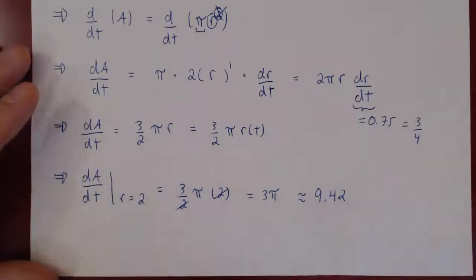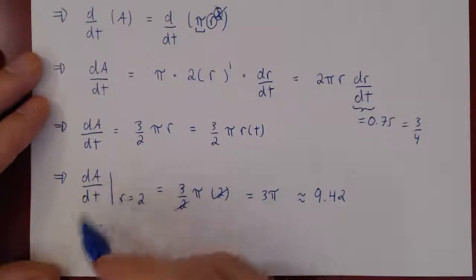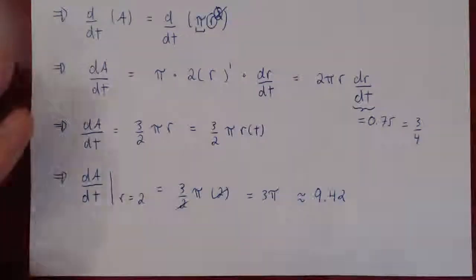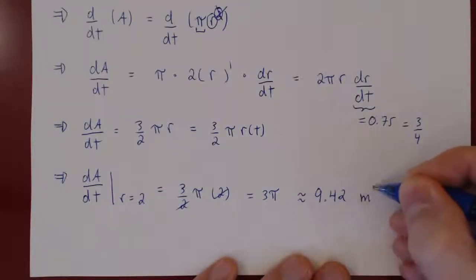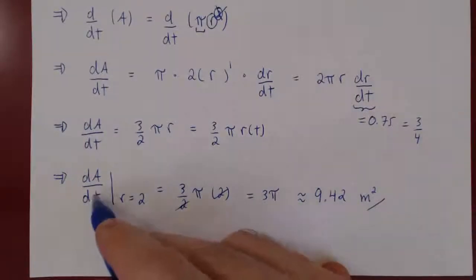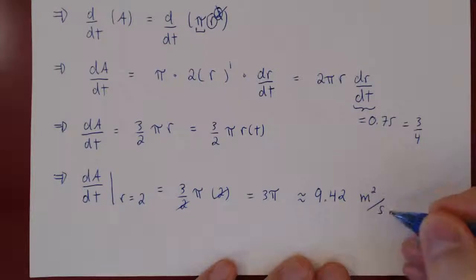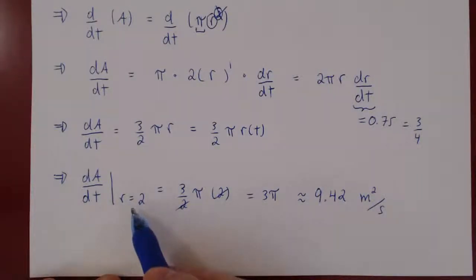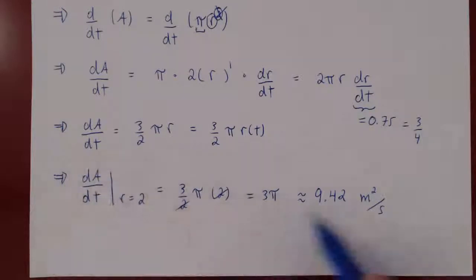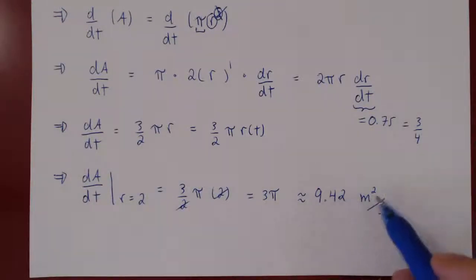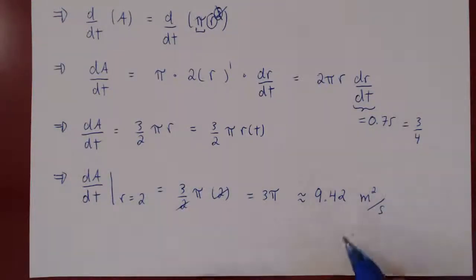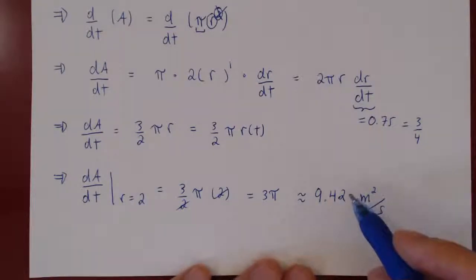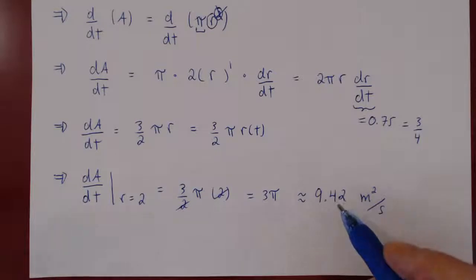Well, here the units were meters for length, seconds for time. Well, area is meters squared per time, which is second. So when the radius of our wave reaches 2 meters, the rate of change of the area is approximately 9.42 meters squared per second.